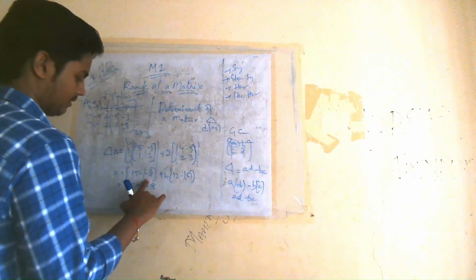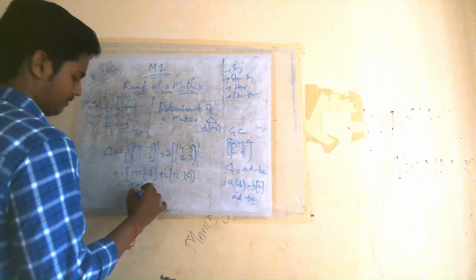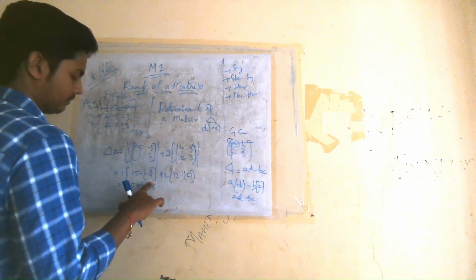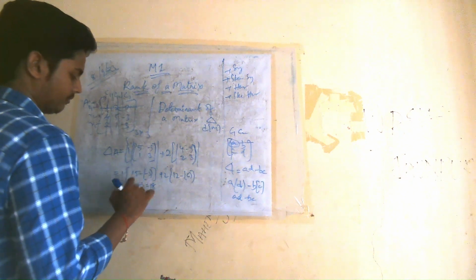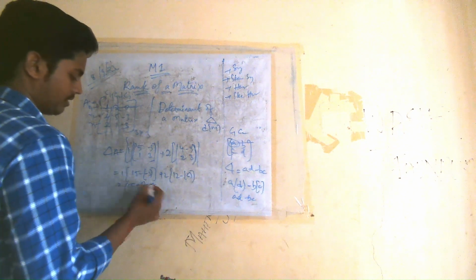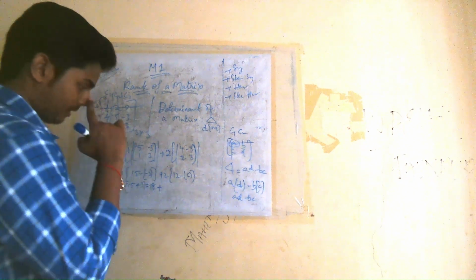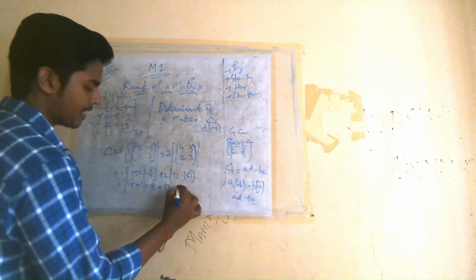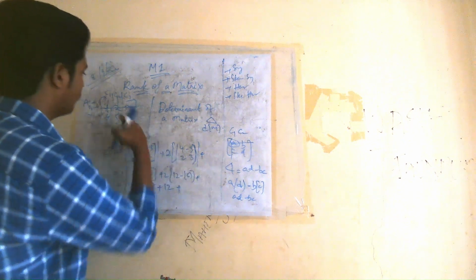So 12 minus 6 is 6, 6 into 2 is 12 again. Plus, plus, plus, again 0.